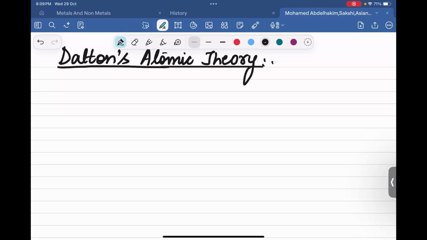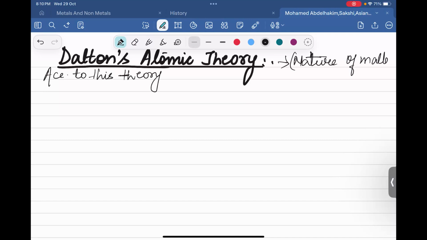According to this theory, which mainly tells about the nature of matter, what type of material matter is made up of, remember this.